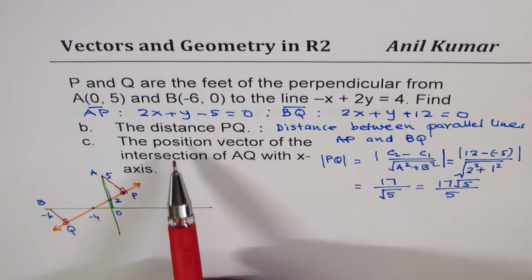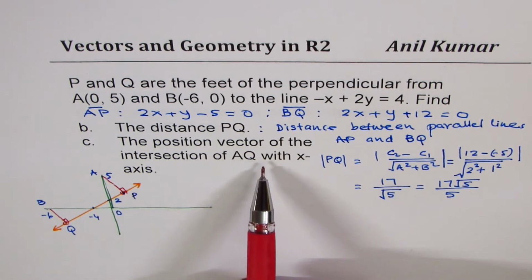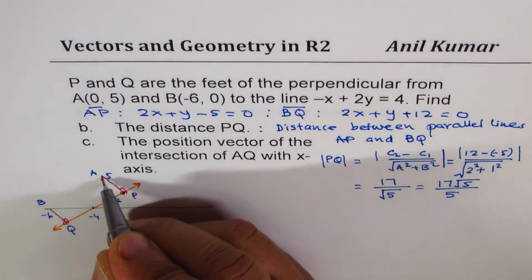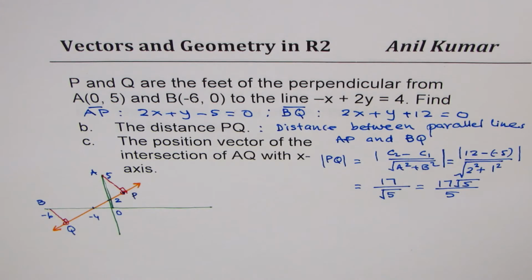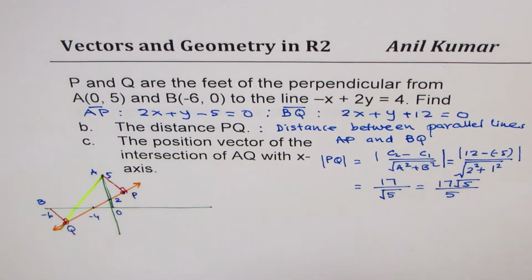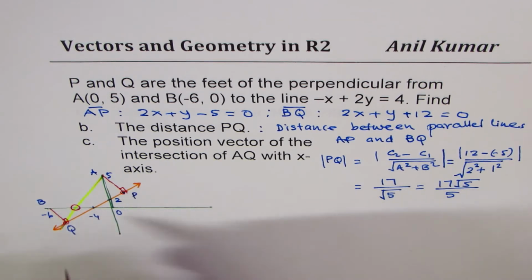Part C is the position vector of the intersection of AQ with the x-axis. So that really means we have to connect them. Let me use another ink here. We need to connect AQ, and we are interested in finding that point.